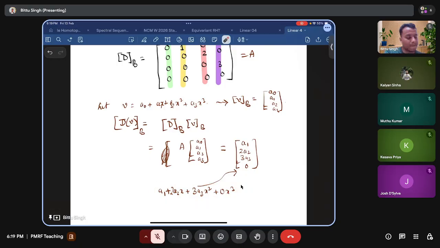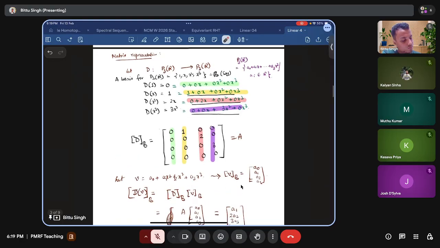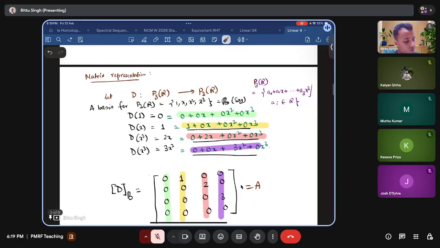So the role of this matrix representation is that whatever linear transformation is given, you see it as a transformation between Rn and Rm. You see this P3R is identified as R4 because you can take coordinates.